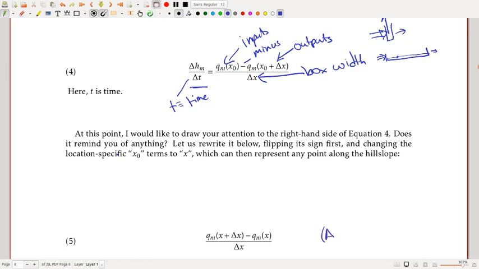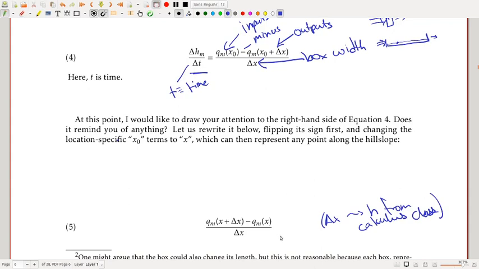If you think of delta x as h from calculus class, this is exactly the definition of a derivative. There you go.